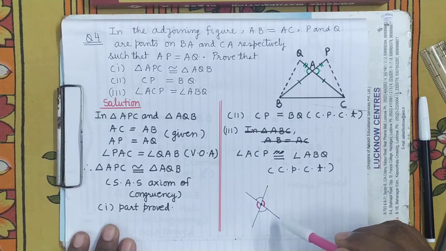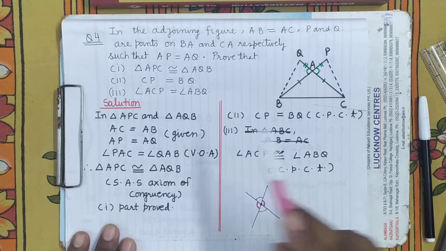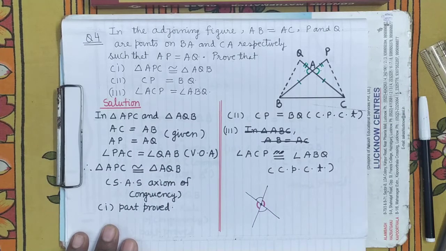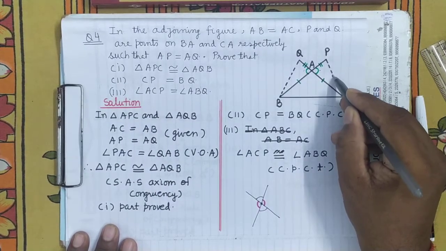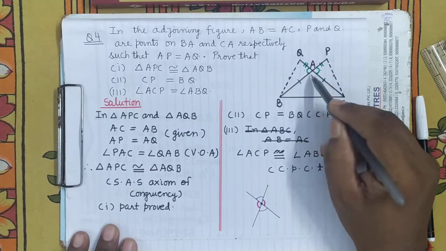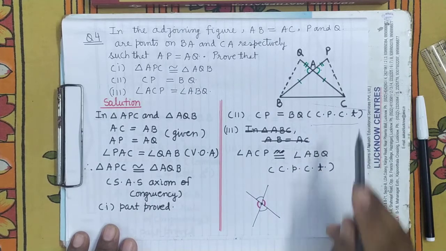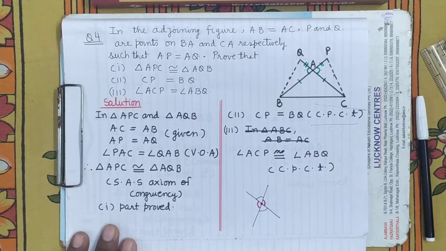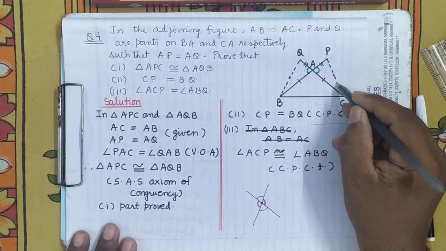Now, when they are congruent, you have to prove CP equals BQ. CP is the third side of triangle APC and BQ is the third side of the other triangle. So they will be equal by CPCTC. Then angle ACP: ACP is this angle.